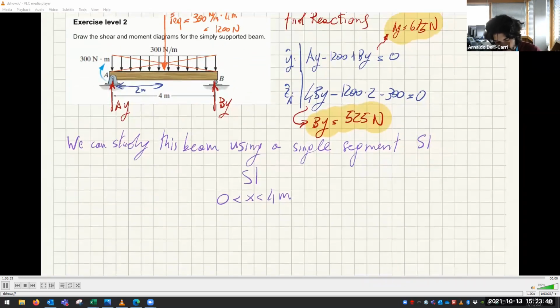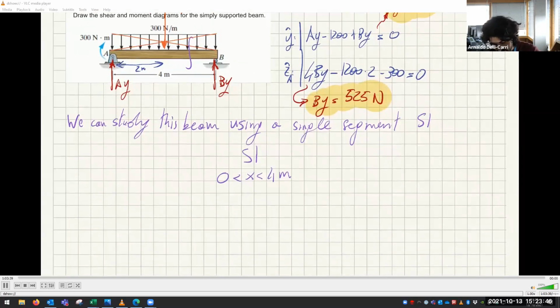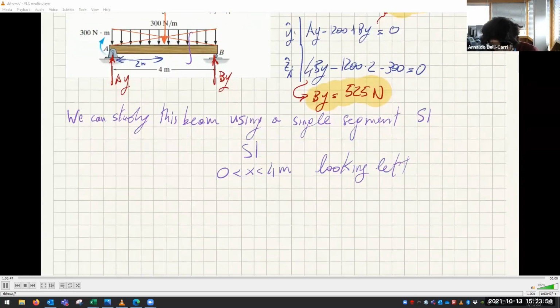So I can cut anywhere. Let's say I cut here, and I can look left or right. So let's look left. Again, it doesn't matter if you look left or right, but if I look left, I have to draw everything that is on the left.